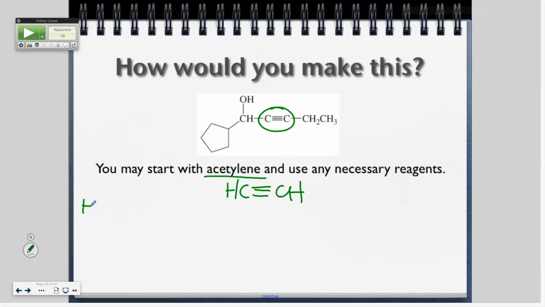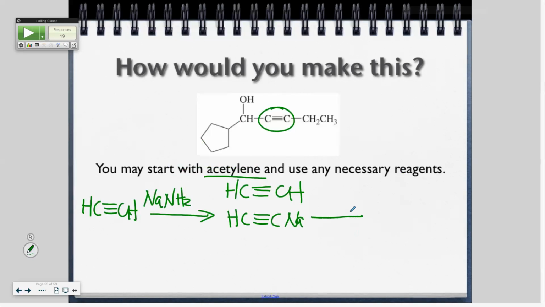So if we start with this, what are we going to do? NaNH2. What is that going to get us? All right, then what are we going to do? Ethyl bromide.